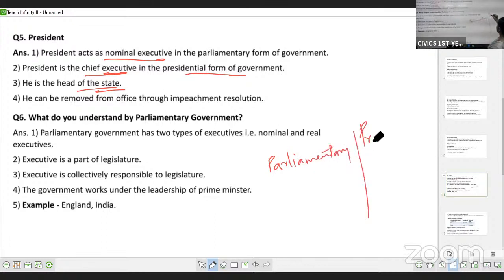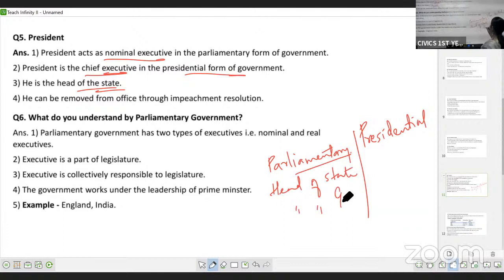In parliamentary government, you have two executives, head of the state and head of the government. Whereas in presidential form of government, you have only one executive. He is both, that is, the head of the state as well as head of the government.